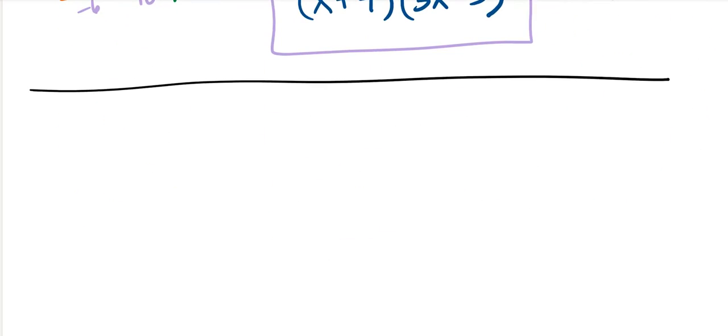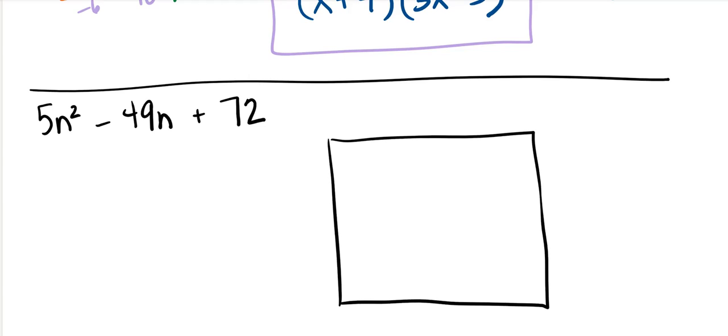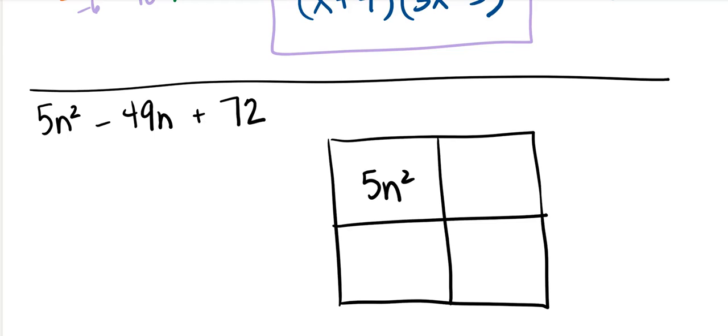So let's factor 5n squared minus 49n plus 72. Just a reminder, I could go ahead and get this set up with my 5n squared and my plus 72 here, because I've already checked to see I don't have a GCF.